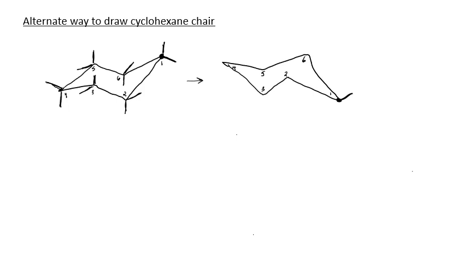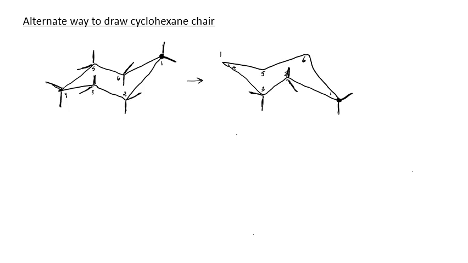And remember, I think about this in terms of the top and bottom face of the ring. So on the first carbon, my equatorial was on the top, the axial was on the bottom. On carbon 2, I want to draw my axial on the top and my equatorial on the bottom. On the next carbon, draw your equatorial on the top, axial on the bottom.